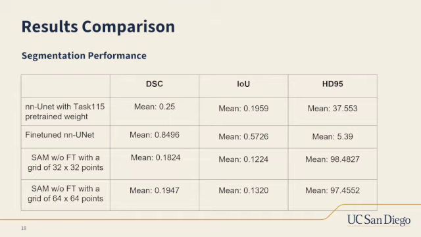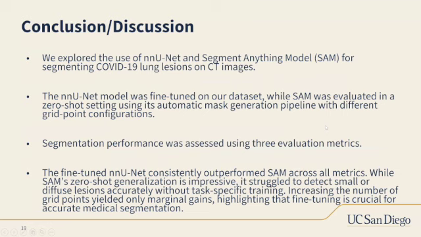But it only provided a very minimal improvement in the performance. So in conclusion, in this project, we explored the use of U-Net and the Segment Anything model for segmenting COVID-19 lung lesions on CT images. The nnU-Net model was fine-tuned on our dataset, whereas the SAM model was evaluated in a zero-shot setting using its automatic mask generation pipeline with different grid point configurations. The segmentation performance was assessed using three different evaluation metrics.